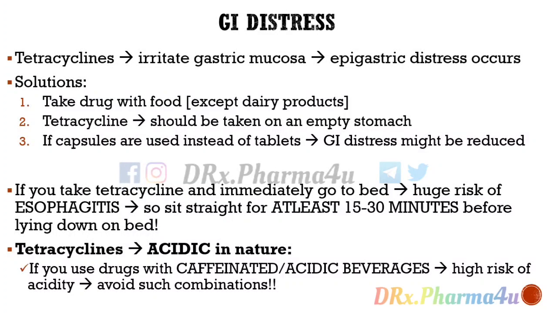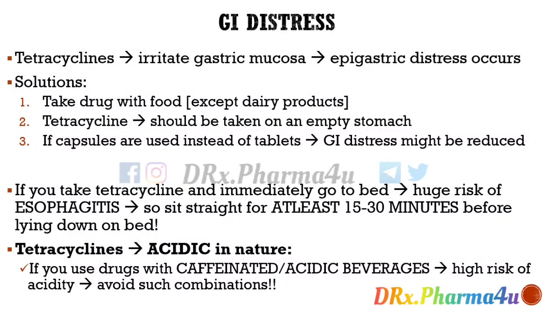If a person is taking a bisphosphonate for osteoporosis, that person is advised to take the medication with a sufficient amount of water and not immediately lie on the bed, because it can cause esophageal ulcers. You should sit straight for a minimum of 15 to 30 minutes, or even more for some medications, and then you can lie down. Same thing with tetracyclines.